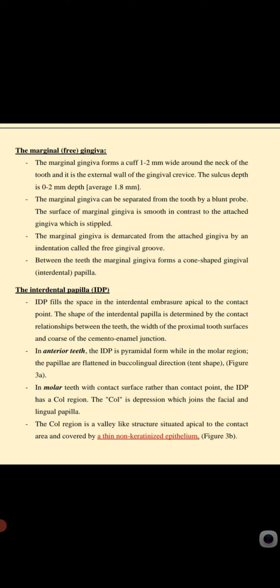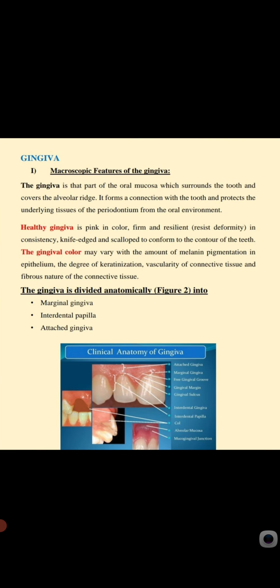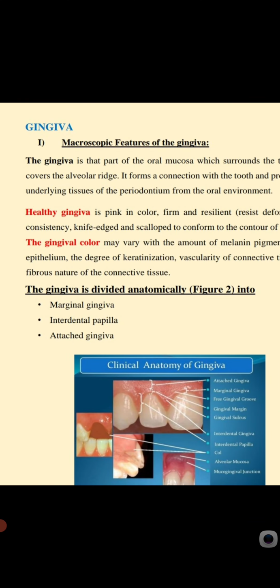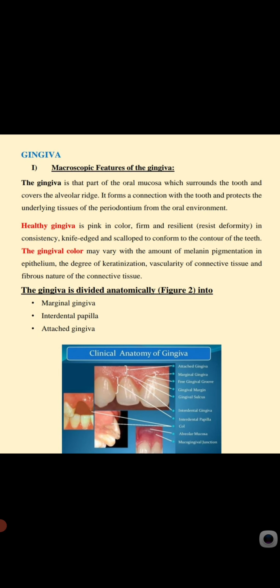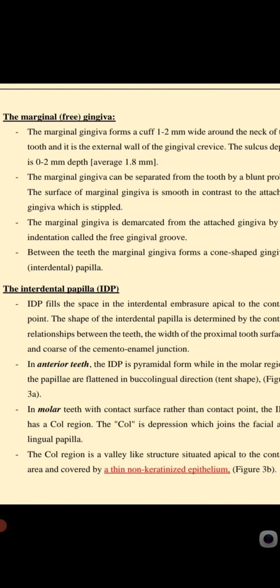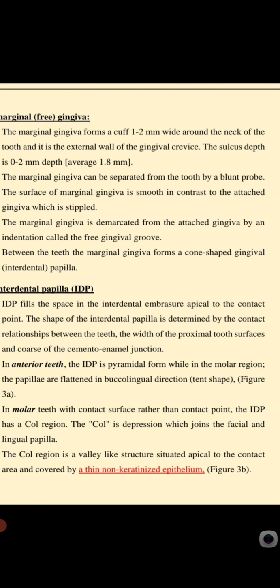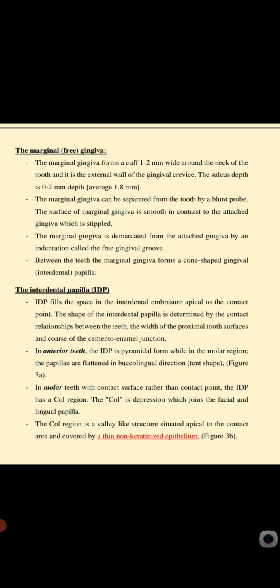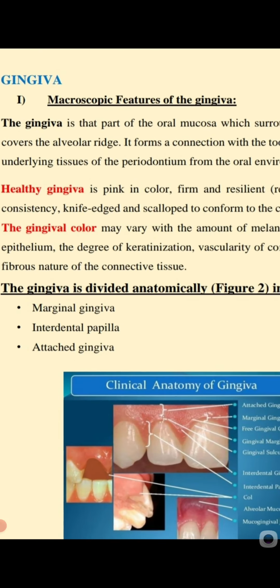The surface of the marginal gingiva is smooth. Remember, the surface of the marginal and interdental gingiva is smooth, in contrast to the attached gingiva, which is stippled. Stippling means orange peel appearance.